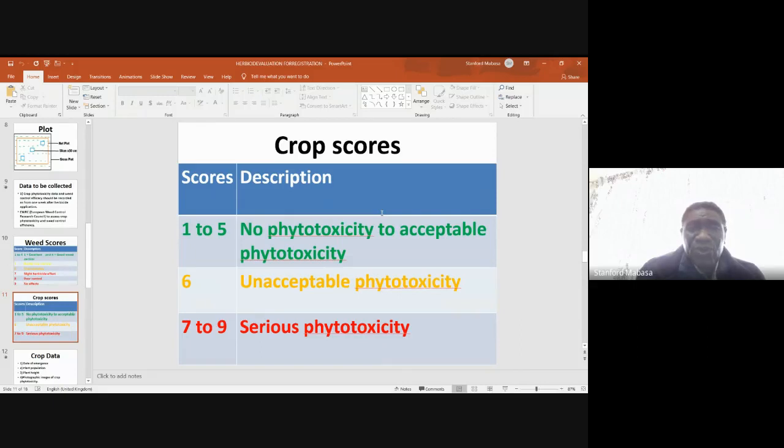On the crop scores, 1 to 5 represents no phytotoxicity to acceptable phytotoxicity. Number 6, that is unacceptable phytotoxicity. 7 to 9, serious phytotoxicity.